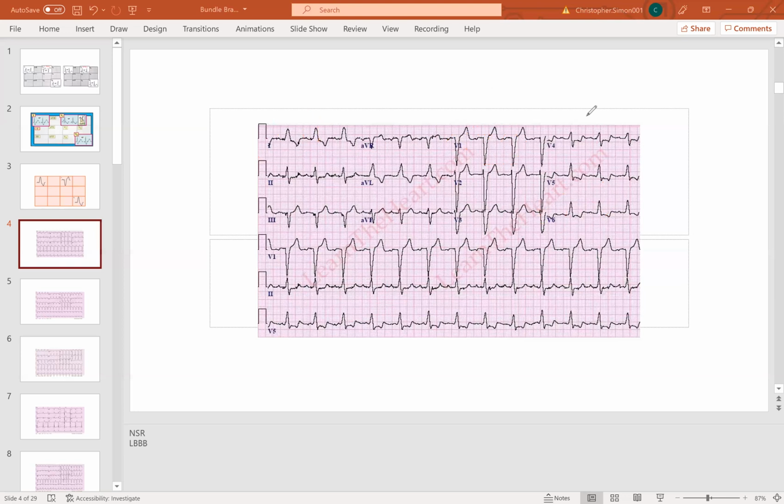QRS greater than 0.12, V1 with a negative deflection, lead 1 and V6 with the R wave only. That is your criteria for a left bundle branch block.